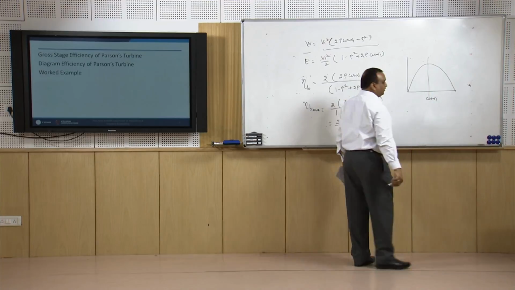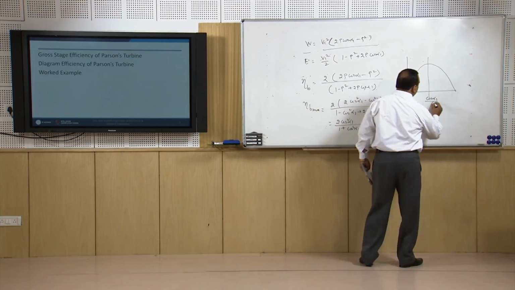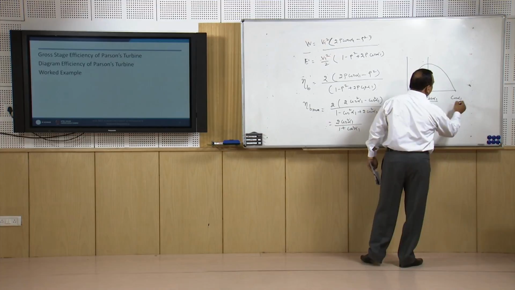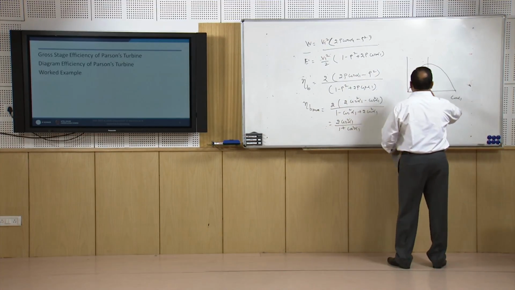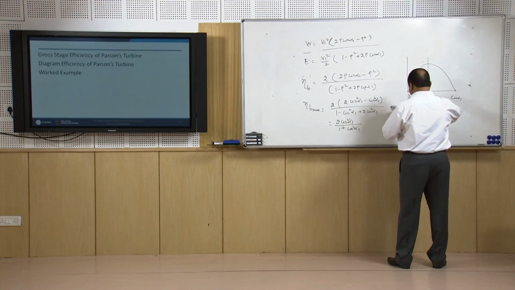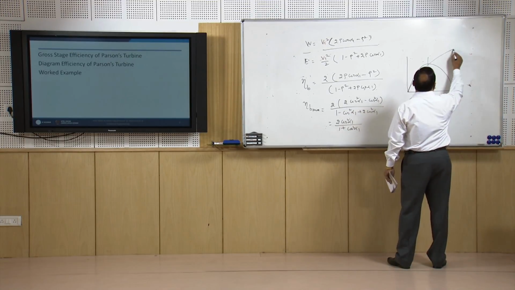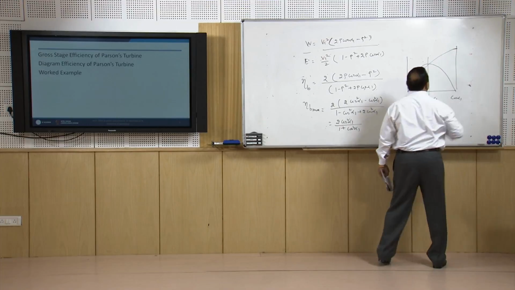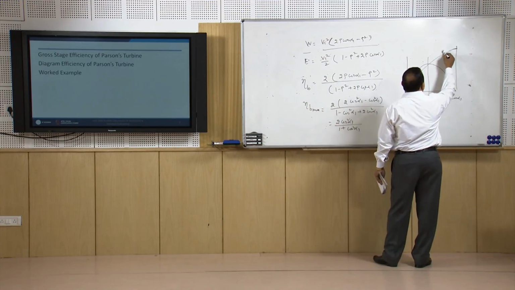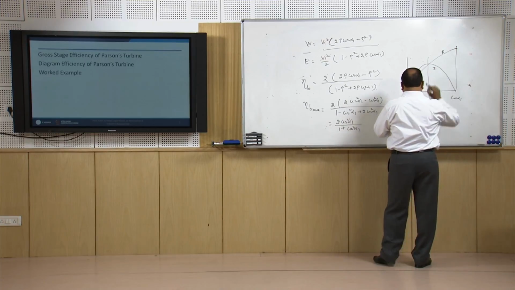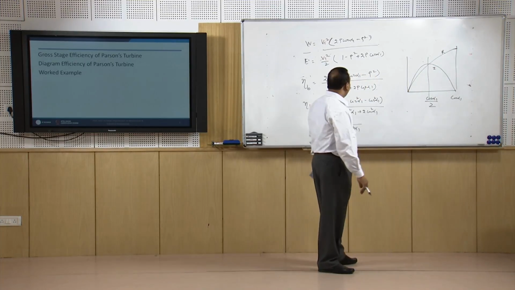Here it is going to be the maximum at cos alpha 1 by 2 and this is cos alpha 1. But here in this case reaction turbine, it is going to be like this. Here it is going to be maximum. This is for reaction turbine and this is for impulse turbine, right.